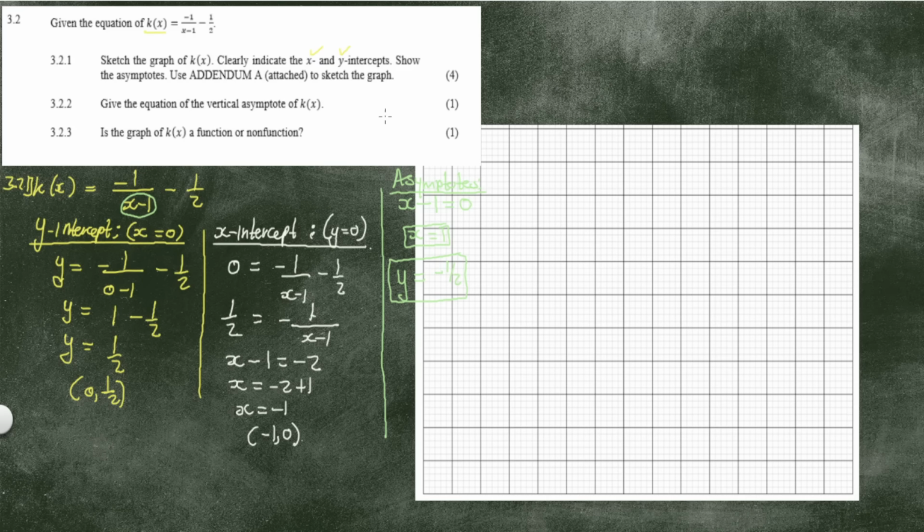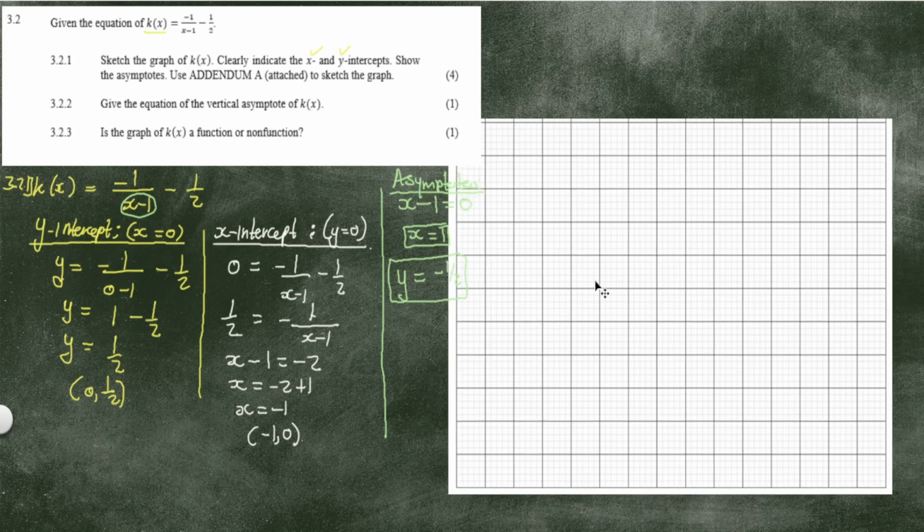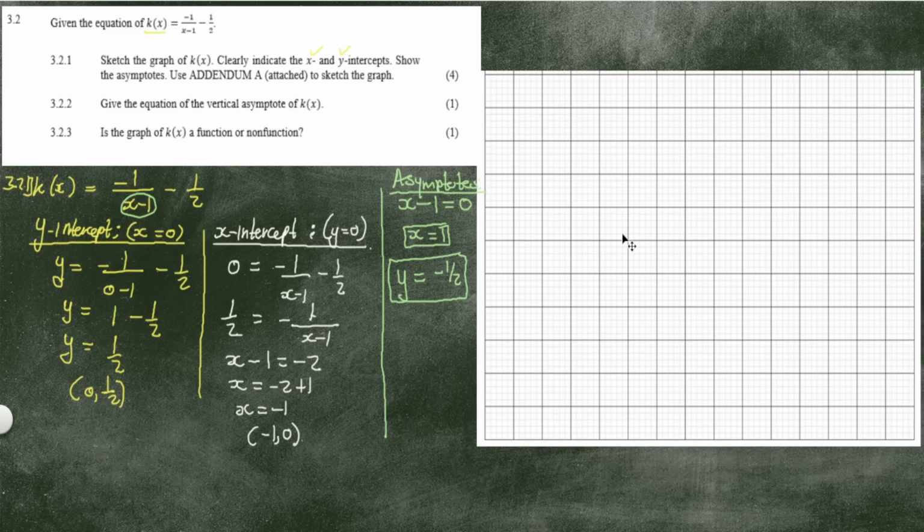So here's the grid. This is the provided grid on the question paper. So let me shift it to the side. Let me plot here, and then let's have a straight line that goes like this and another straight line that goes like this, the x-axis.